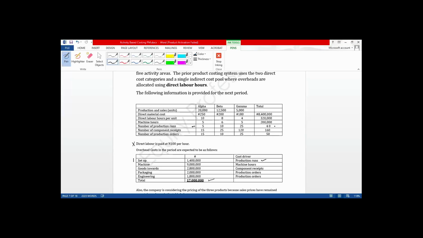If you look at component receipt, sum up. So please, we call it the unseen. Like this now: 10 plus 8 plus 4.